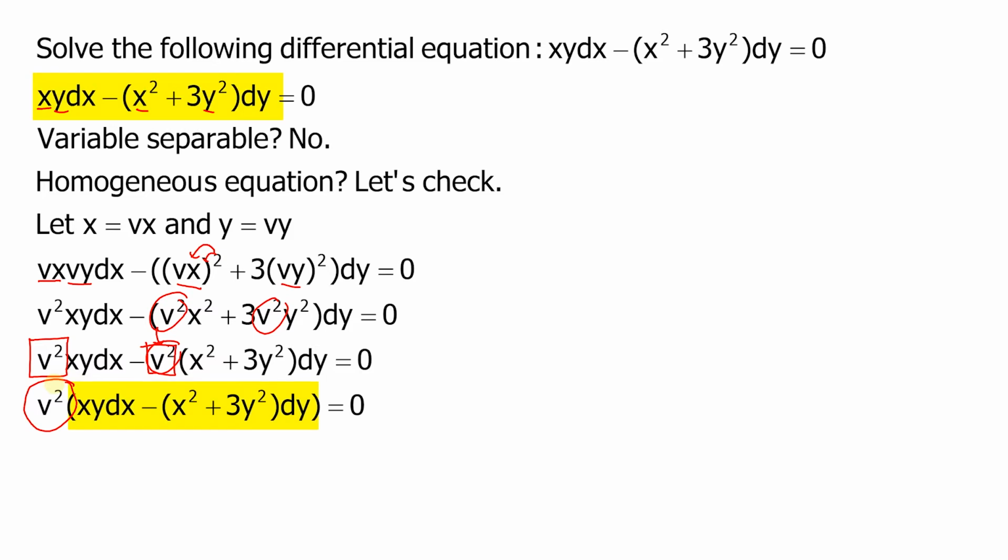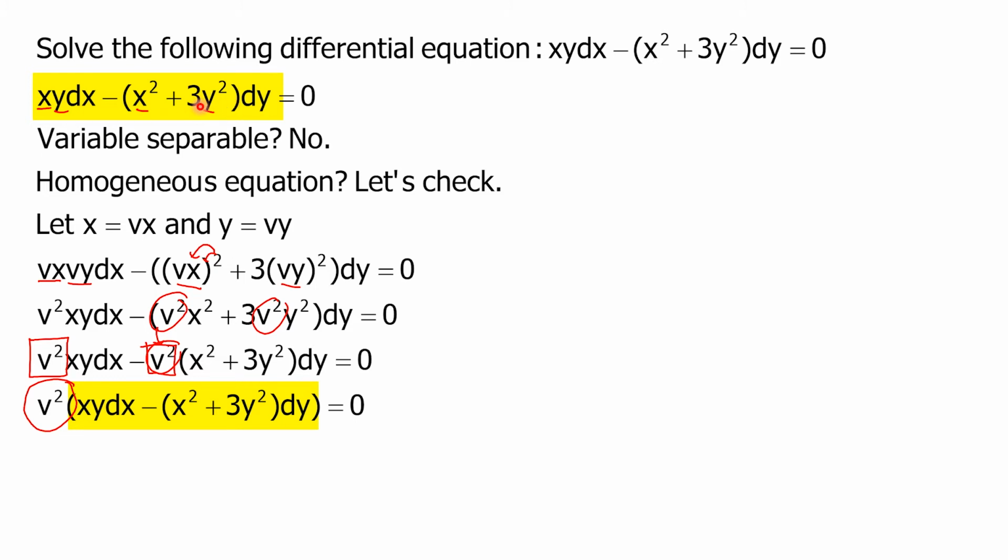Okay, so as you can see, class, kani imuhang xy dx minus (x squared plus 3y squared) dy, diba, nibalik siya sa imuhang original equation katong given sa problem, xy dx minus (x squared plus 3y squared) dy. So, pag inana gani ang mahitabo, meaning to say, ang equation is a homogeneous equation.